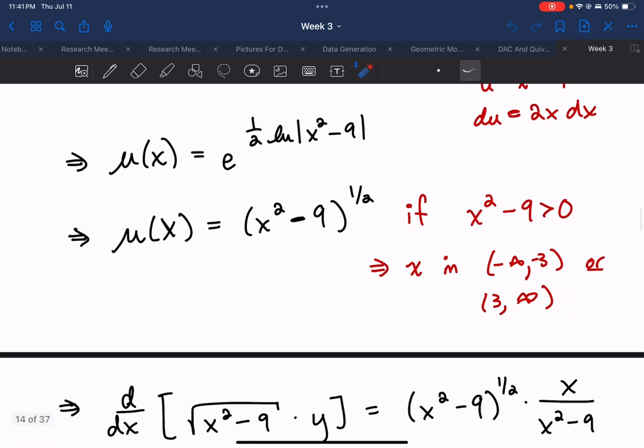But now it matters, because I'm taking the square root, so I need this guy to be positive. So you can either take the negative infinity to 3 interval or the 3 to infinity interval. Normally we pick the positive numbers because, I don't know, we're humans and we like the positive numbers, so we just pick that interval oftentimes.